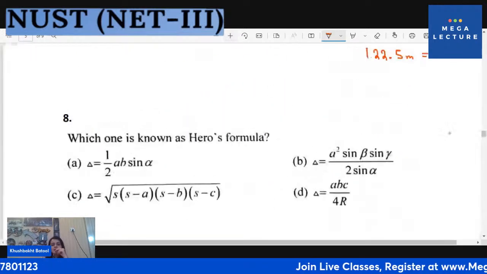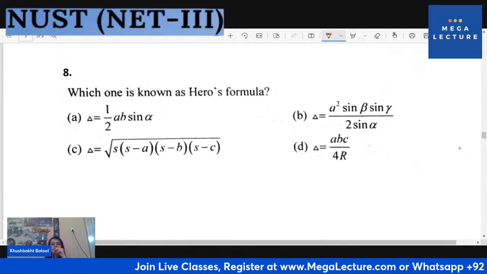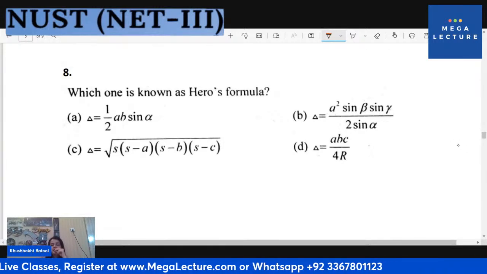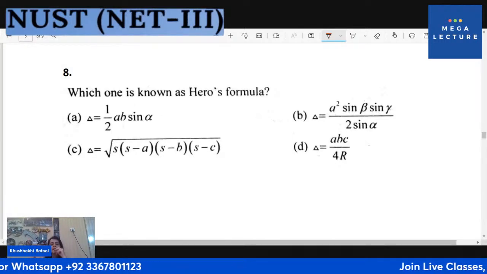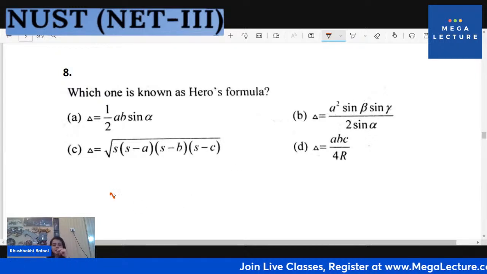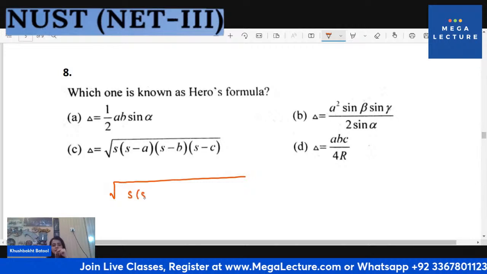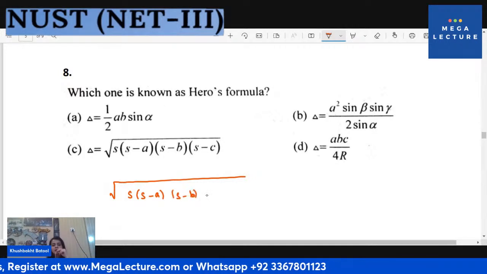Okay, now it says, which one is known as Hero's formula? Now, some students must have read it as Heron's formula. It is fine. This formula is basically used to find the area of the triangle, and it is under the root s, s minus a, s minus b, s minus c.